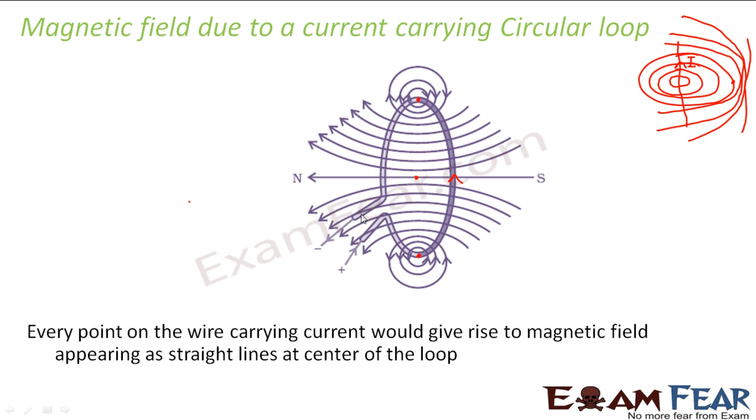So what would be the net result? The total magnetic field because of each of these points will give rise to magnetic field in the form of straight lines at the center, right? So which will appear as magnetic field.